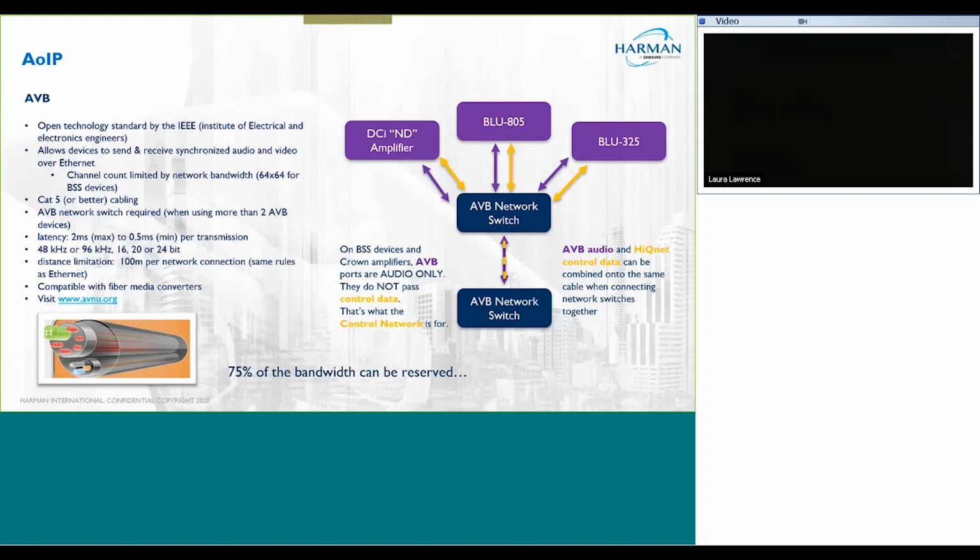So if you're comparing apples to apples between the different formats here, realize that there wouldn't be a licensing fee involved as an additional cost that always gets passed along to the customer, the end user, etc. But anyway, if you want more information about ABB and get into the nitty-gritty details, just go to avnu.org, and that's the website for Avenue Alliance, which basically created this, and it has a list of all the partners who support ABB.